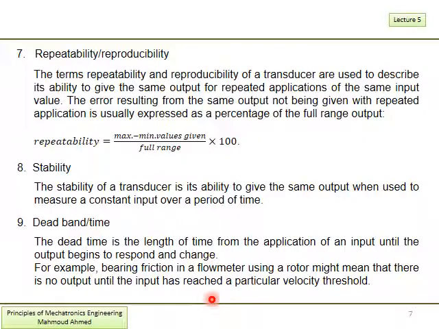So the time in between, in which nothing happened and the velocity is zero, in which the rotor is not rotating although we had flow, can be called a dead time or a dead band.